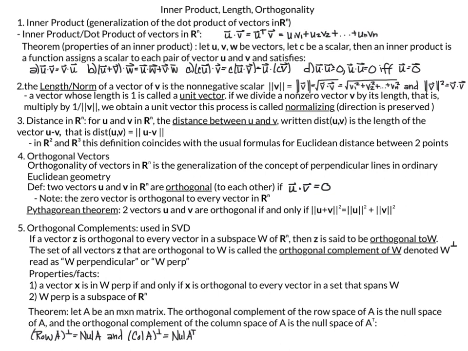So u1 v1 plus u2 v2 plus up to un vn. The dot product then for vectors in Rn is an example of an inner product.